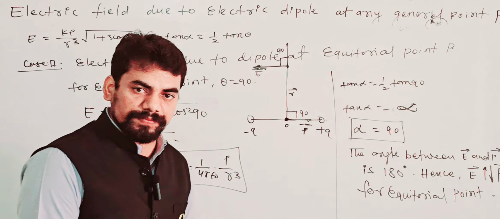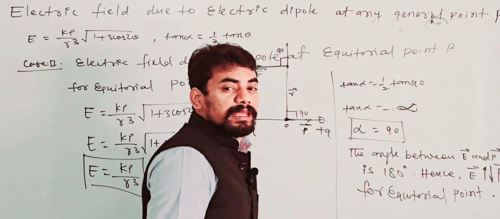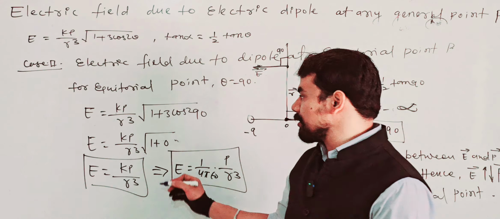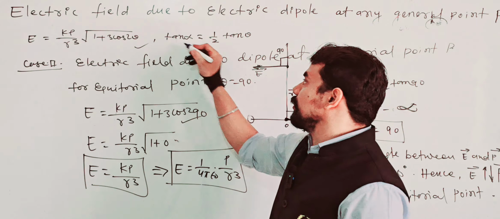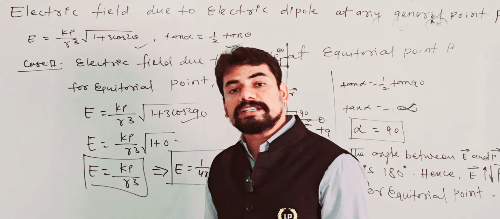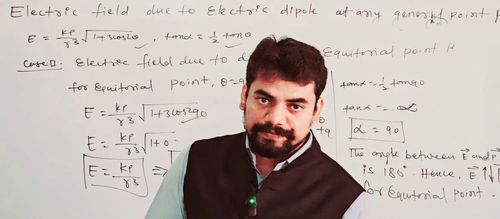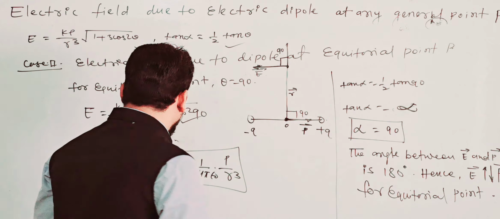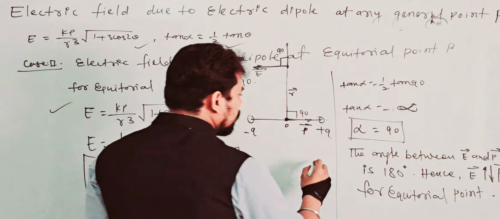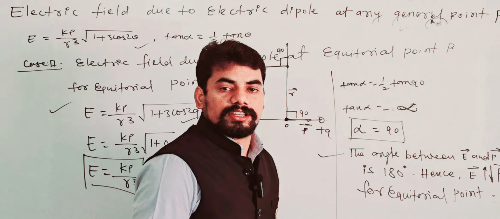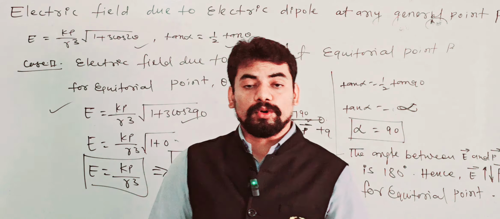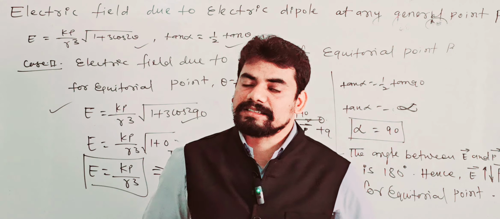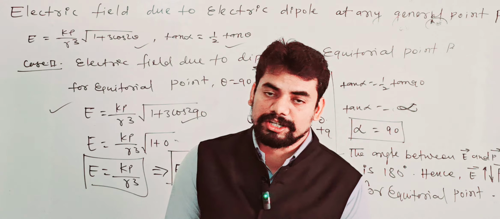Any problem? Very important concept, very important formula from a competitive point of view. Right? This general point and equatorial point. Derivations at the axial and equatorial points will be asked in the 12th board exam, the field and potential due to dipole.